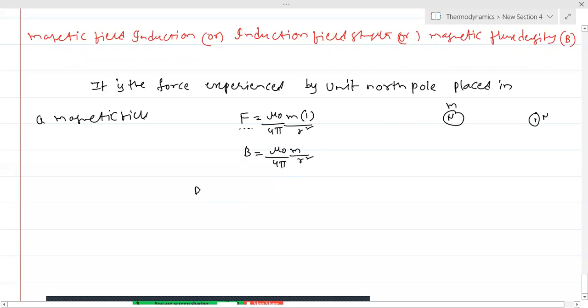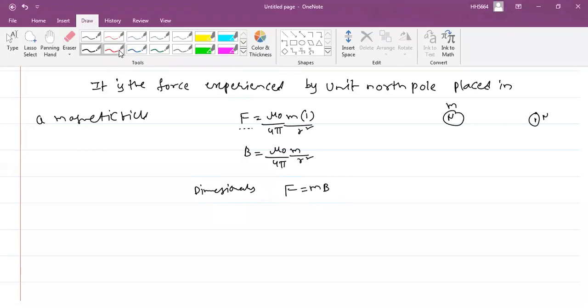So dimensionally, F is equivalent to mB.